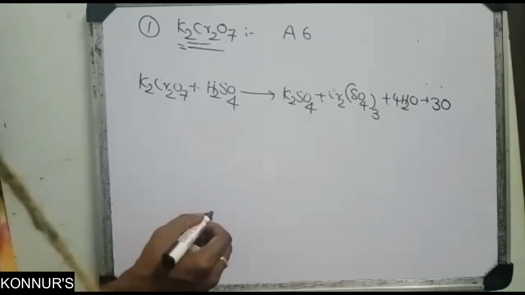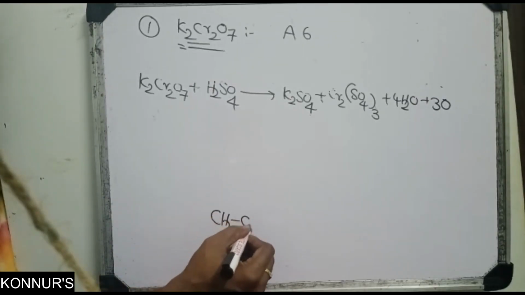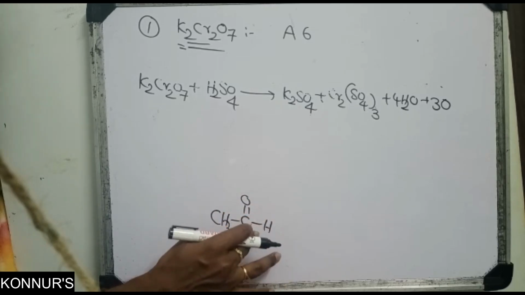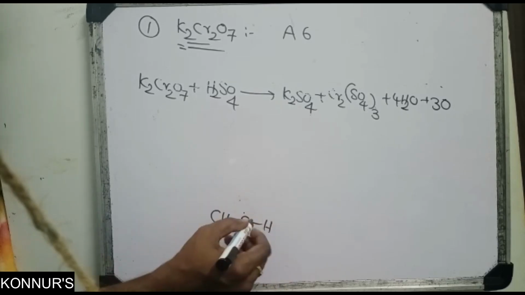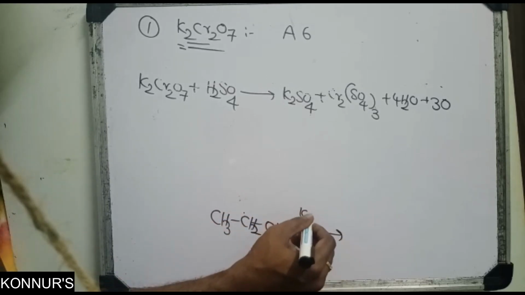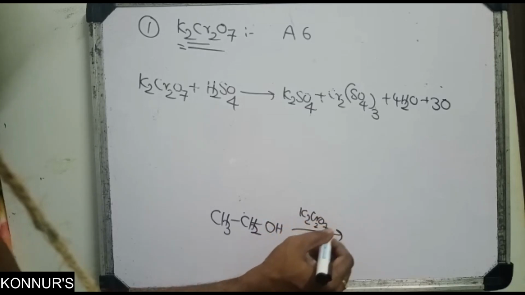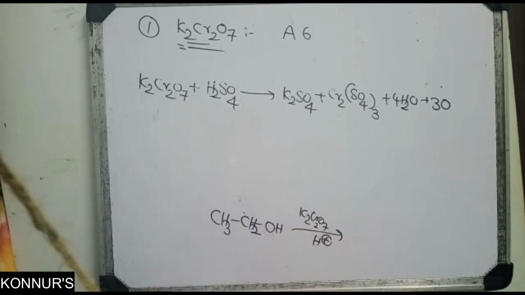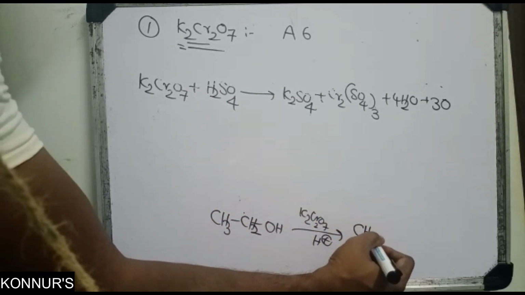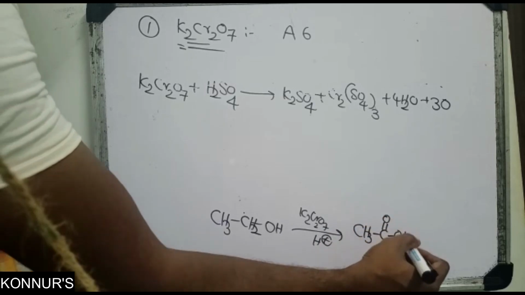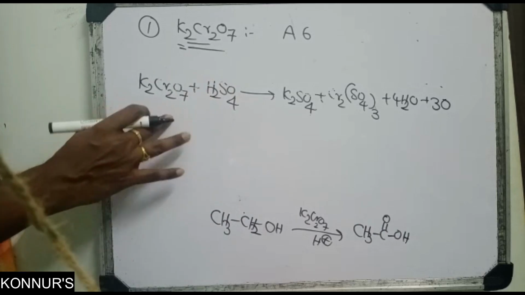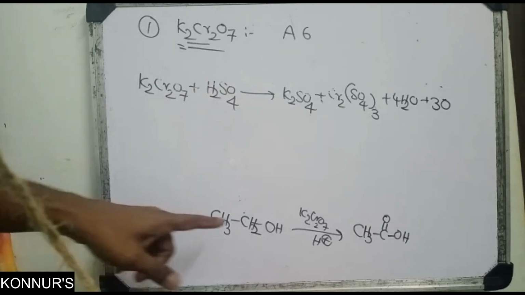In the organic, you take CH3CH2OH, alcohol, treated with K2Cr2O7 in acidic medium. What will be the product? See, alcohol treated with K2Cr2O7, your answer is CH3COOH. See how many oxygens are utilized here.